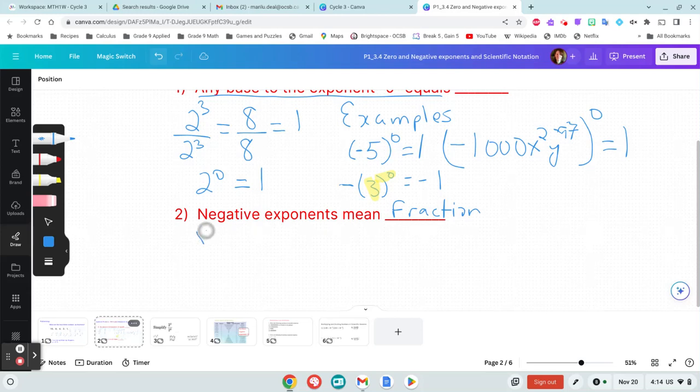So if I have an example where I have x to the 3 over x to the 5, if I write this out the long way, I have 3 x's on top, 5 x's on the bottom, I'm left with 1 over xx, which equals 1 over x squared, which is the same as x to the negative 2.